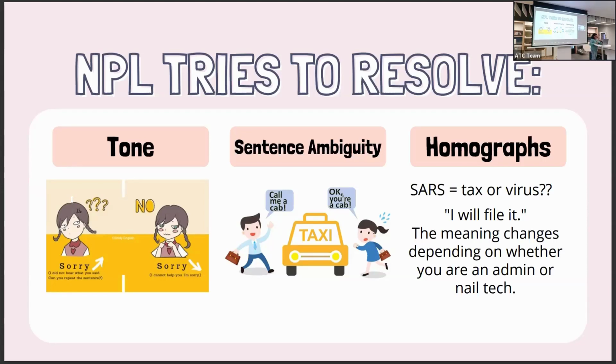Furthermore, another issue that's addressed in natural language processing is homographs. There might be words or acronyms that have different meanings in different contexts. And if sufficient context isn't realized by a natural language processing system, it will not be able to decipher in which context it is meant to be used.